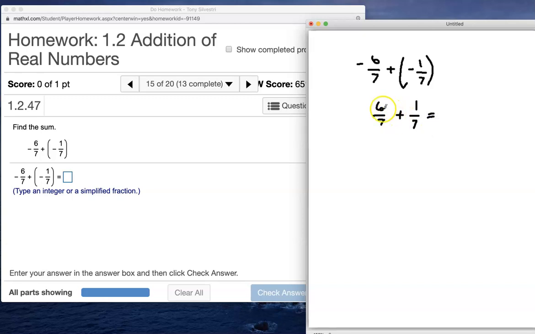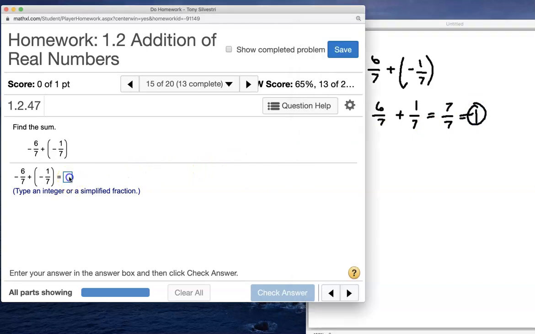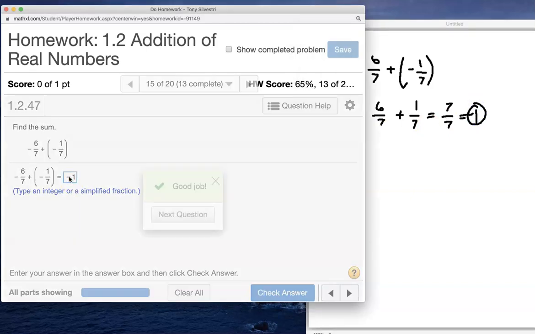This is not too bad because they have the same denominator, so I take 6 plus 1 over the common denominator, 7. Well, 7 over 7 is 1. Don't enter 7 over 7, it's 1. Now the next step is to decide, is that 1 positive or negative? Since we started off with two negative numbers and we're adding them, the answer has to take the sign of those numbers, which is negative 1. So I'm going to put negative 1 in there. Hit enter. Good job.